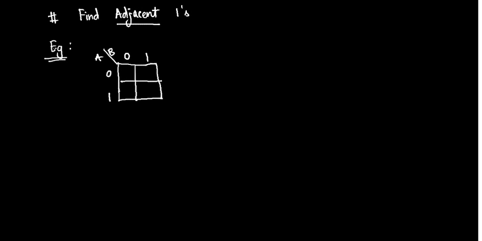Say for example, it's a two variable K map. Best thing is to give an example. That means 4 squares. So it's A and B, two possibilities 0, 1, and here also 0, 1.